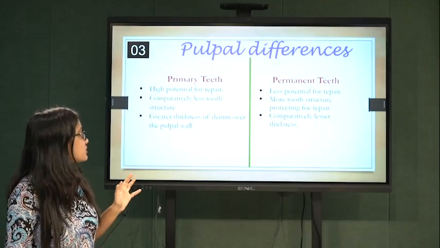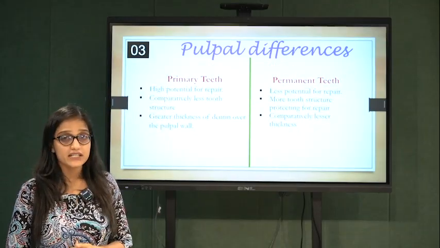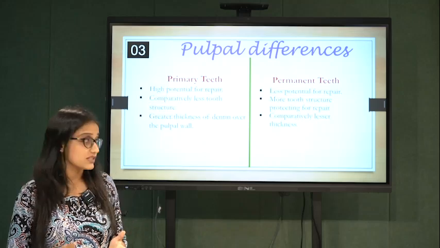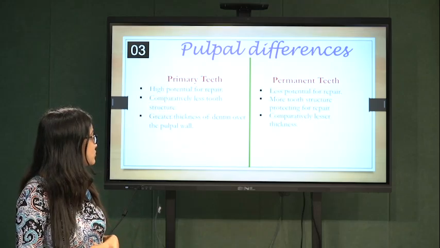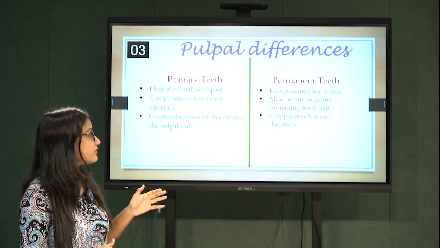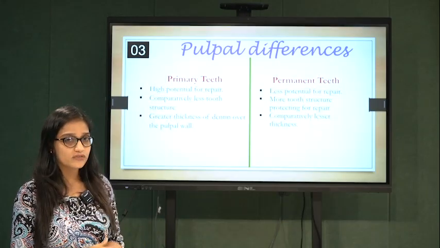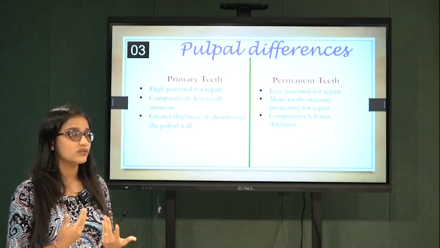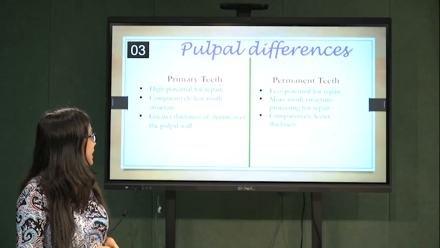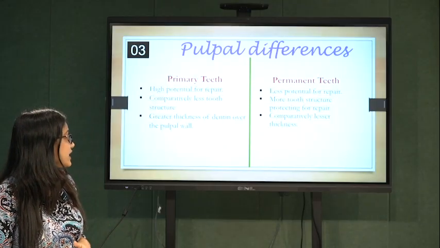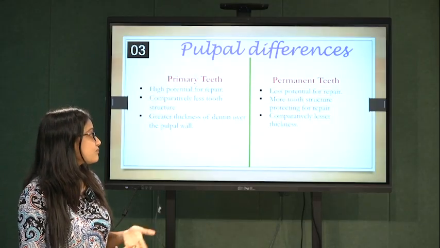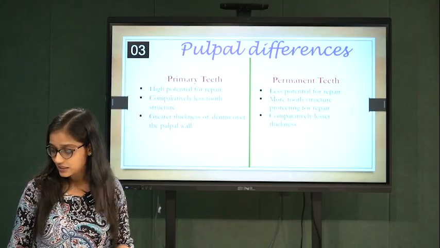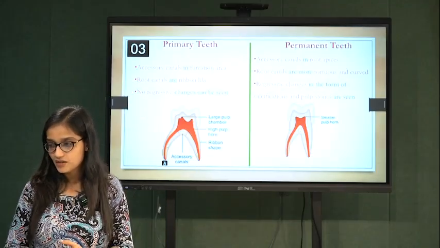There is high potential for repair in primary dentition because of vascularity, and comparatively less tooth structure is present, whereas in permanent teeth there is less potential for repair, as well as more tooth structure that protects the pulp. In primary dentition, there is greater thickness of dentine over the pulpal wall, whereas in permanent teeth comparatively lesser thickness is present.